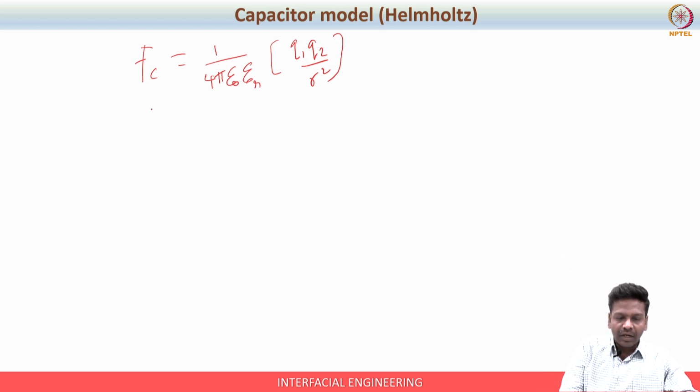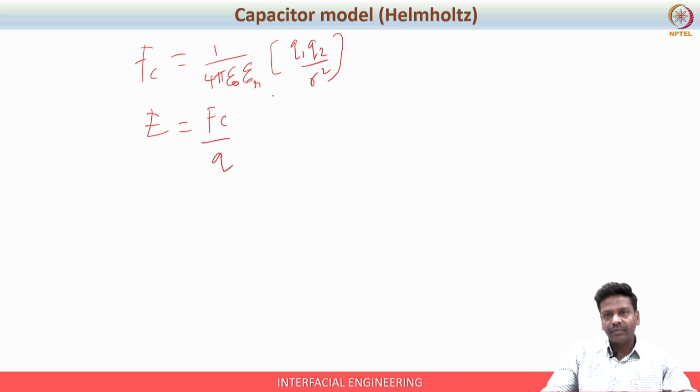We know that the electric field can be defined as Fc by Q. If you look at this equation, Fc by Q is nothing but volt per meter, which is the electric field, volt per unit length.